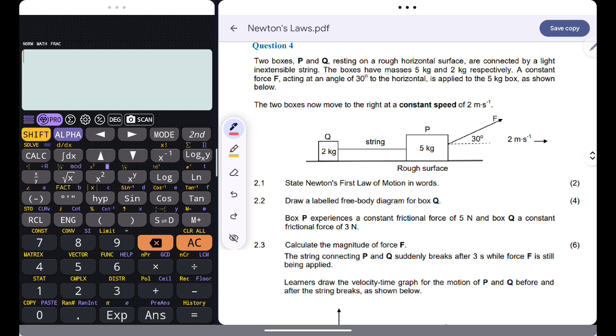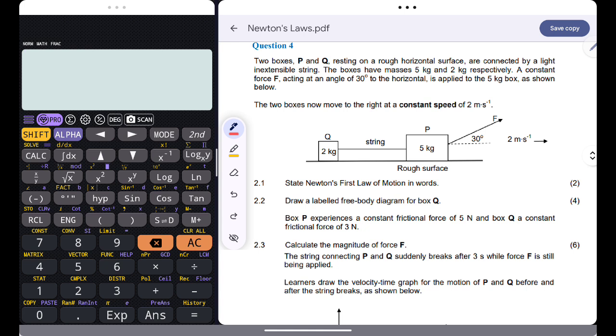A constant force F acting at an angle of 30 degrees to the horizontal is applied to the 5 kg box as shown below. Then you are told that the two boxes now move to the right at a constant speed of 2 meters per second.